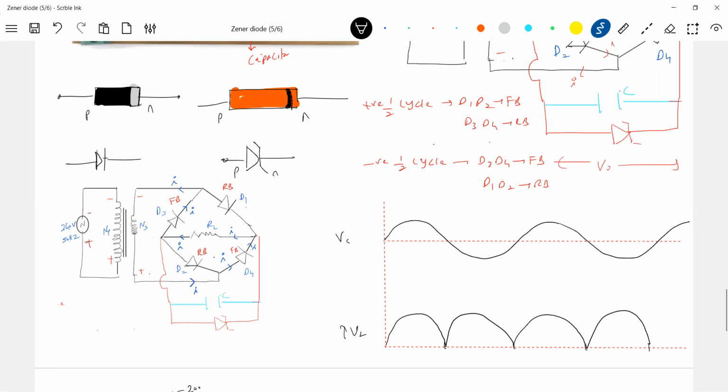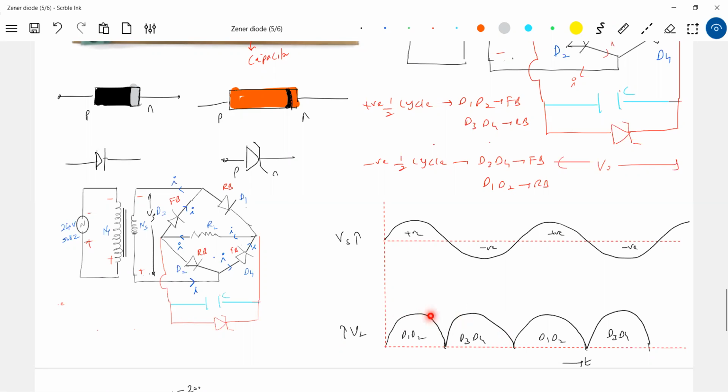This is VS, the voltage of the secondary. Don't write Vin, it is step down. So there's a positive half cycle, negative half cycle, positive, negative. Who will conduct now? D1, D2. Who will conduct now? D3, D4. D1, D2, D3, D4. Like this, we'll get a signal. Of course, there's fluctuation. So what to do now? There's fluctuation, so I'll put a capacitor.